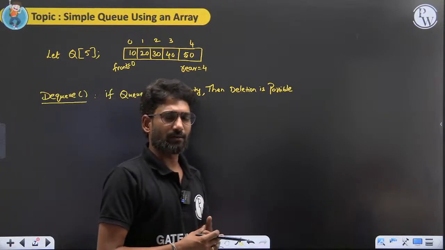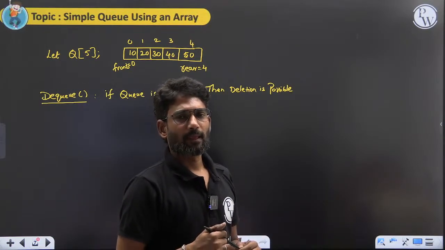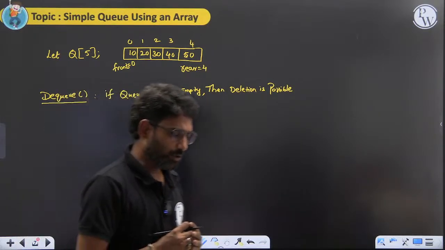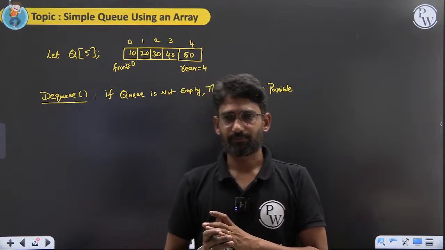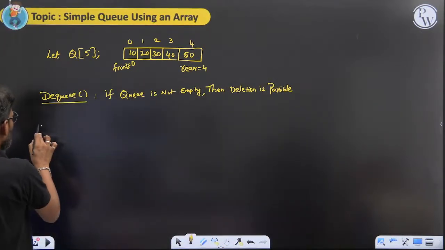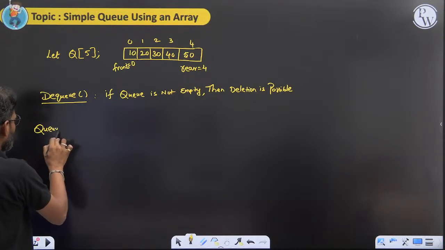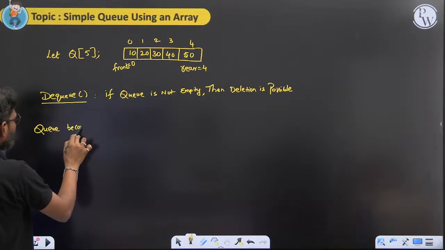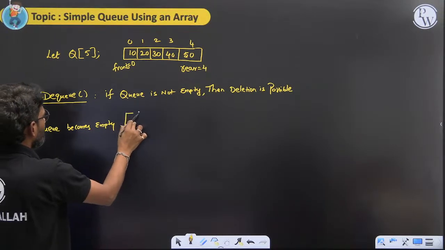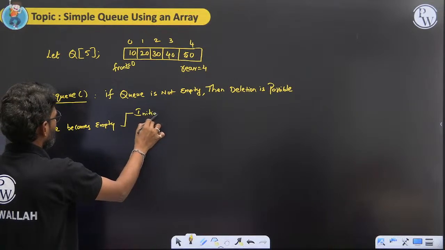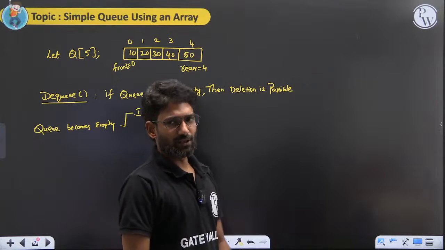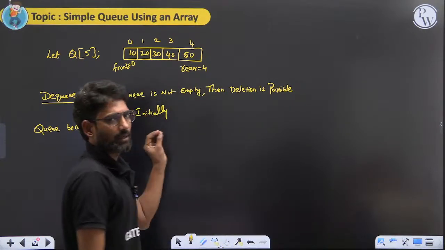How do we check whether the queue is empty? See, the queue becomes empty in two situations. Initially, when you did not insert anything or delete anything, the queue will be empty.